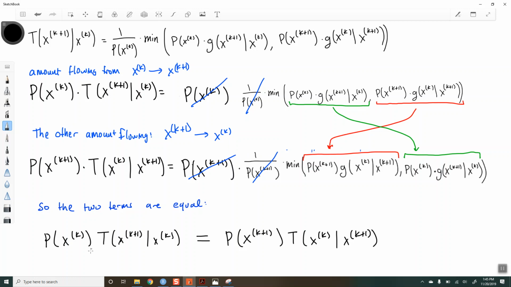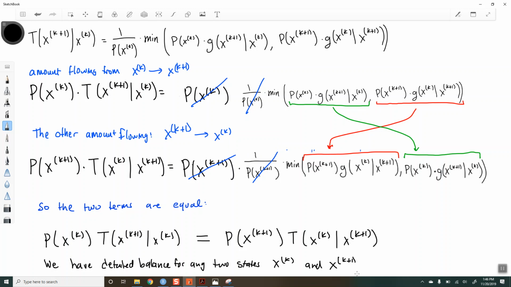Therefore we have balance, or I should say detailed balance, for any two states xk and xk plus 1. This applies for both continuous and discrete cases for the Metropolis Hastings algorithm.